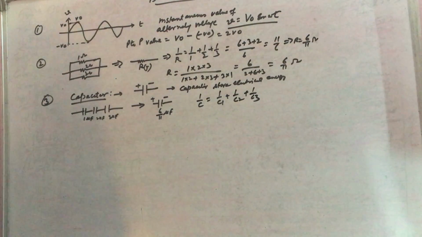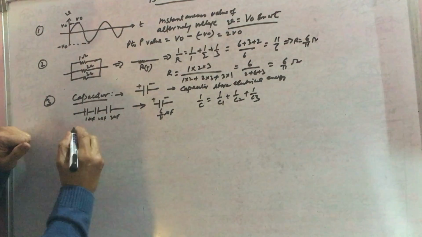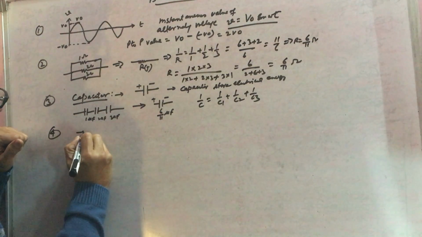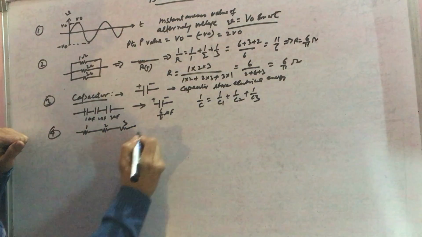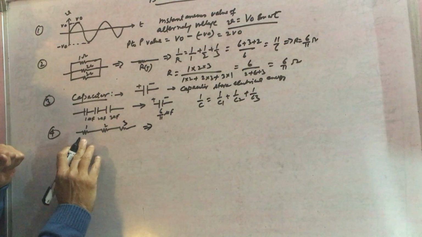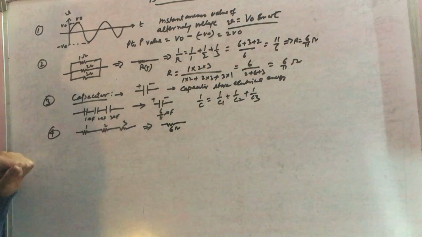Similarly, if three resistances are connected in series, then their total value is R1 plus R2 plus R3, which is 6 ohm.